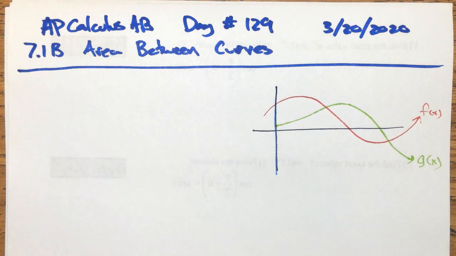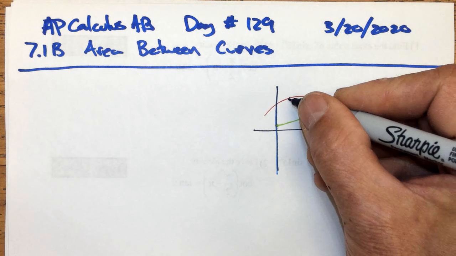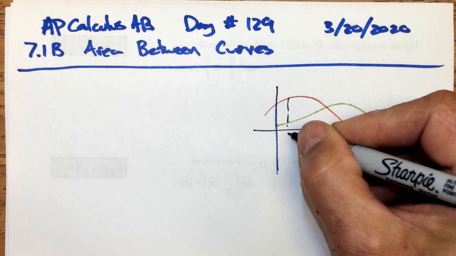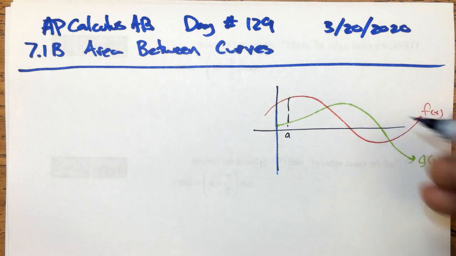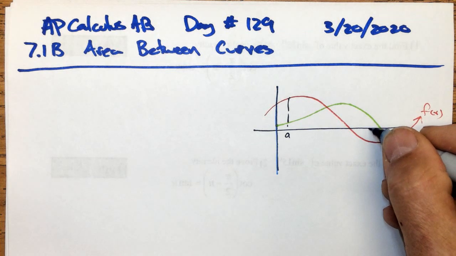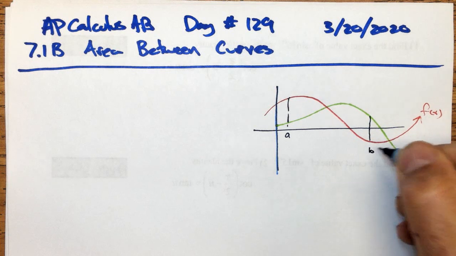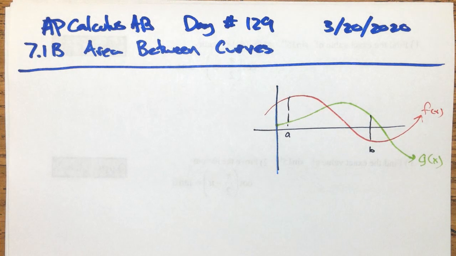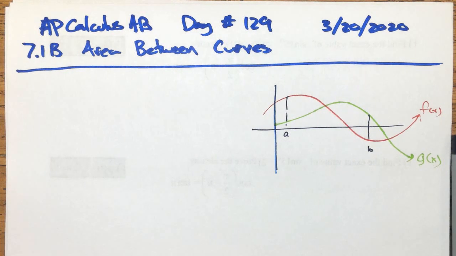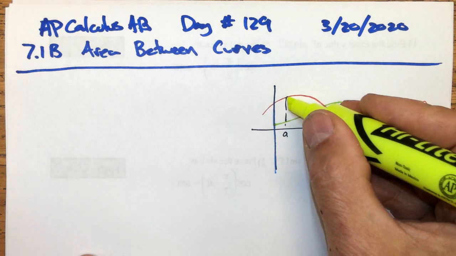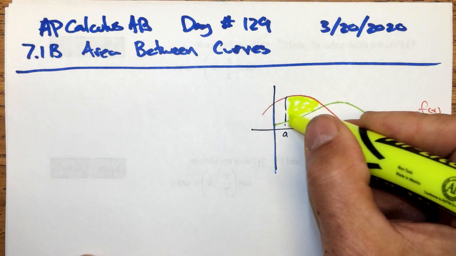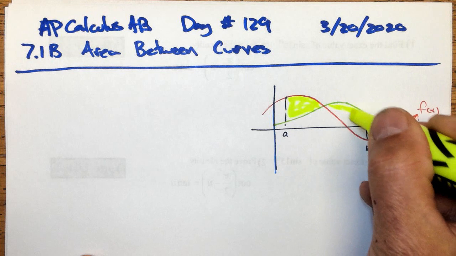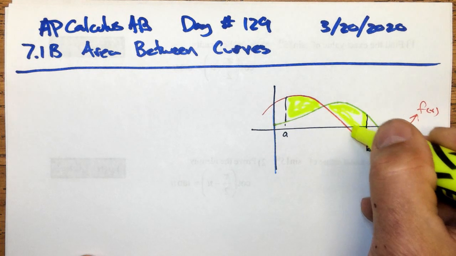So, if I wanted to start at some x-coordinate A, and end at some other coordinate, let's call it B, I would find the area between the two curves, which I will shade in. This area plus this area is the area between the two curves.